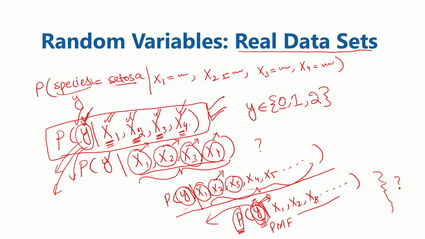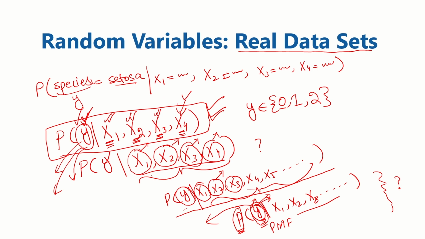So how do we model joint distributions, how do we model conditional distributions, and how do we apply Bayes rule when we have a lot of random variables, not just one? We have to answer all these questions to actually get the juice out of the data, to get the actual model from the data.